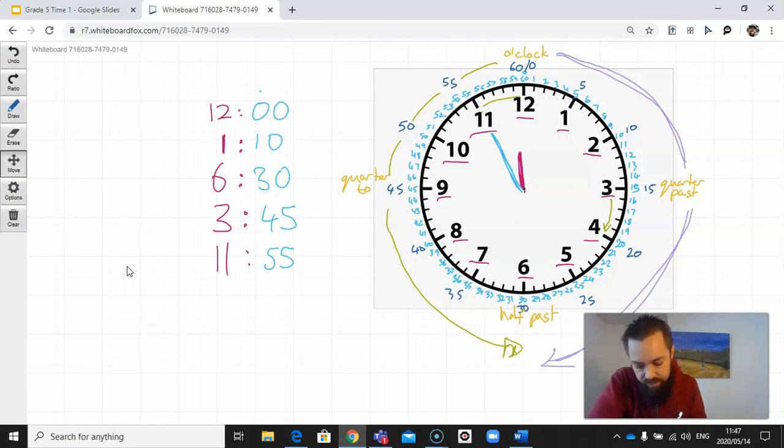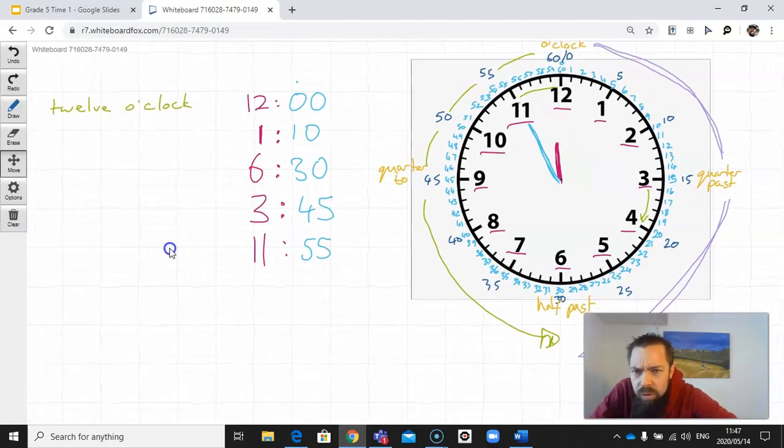I'm saying in words because that's the way you will pronounce those times. So when it's 12, we say that it's 12 o'clock, because it's on the hour. And you remember at the top it says there o'clock in yellow. Let's look at the second one.